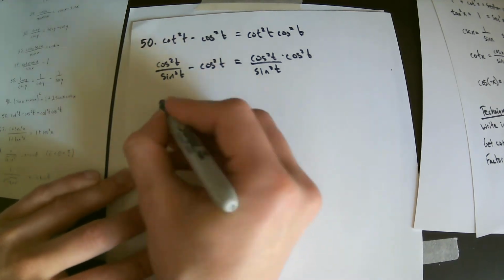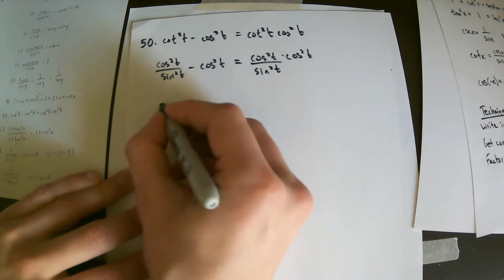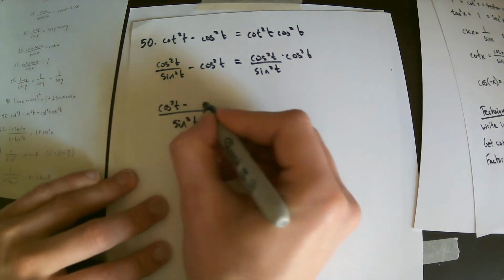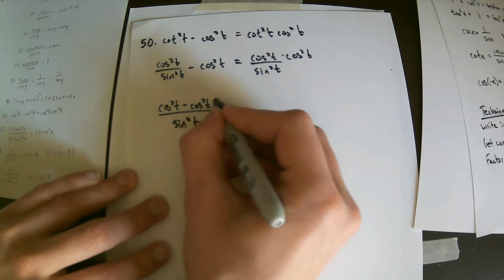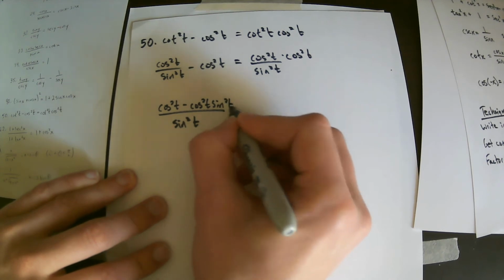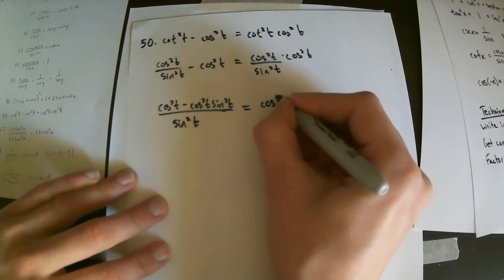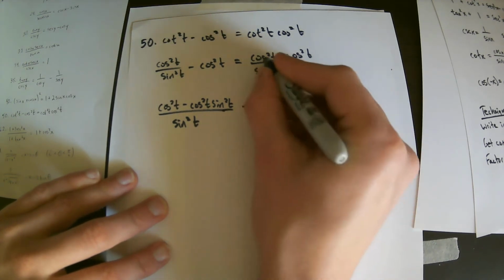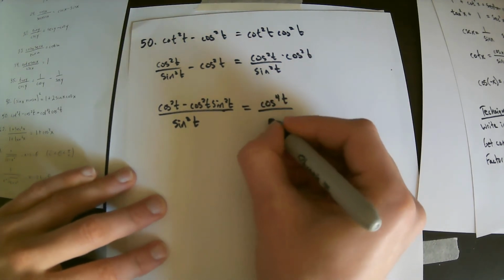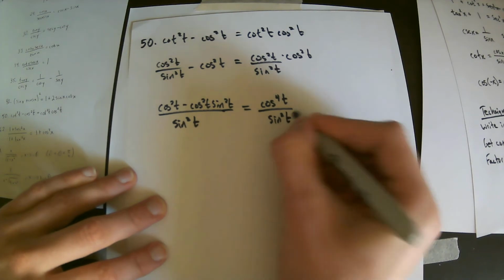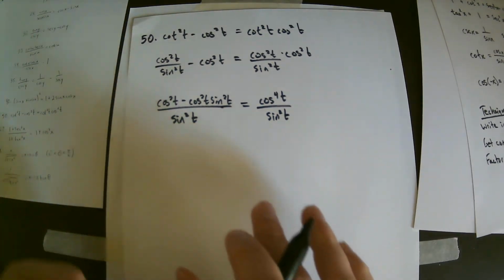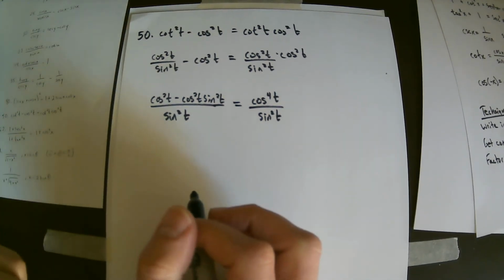Sine squared t is the common denominator, so I'm going to have cosine squared t minus cosine squared t times sine squared t. And this is equal to cosine to the fourth, since cosine squared times cosine squared is cosine to the fourth, and then sine squared t. And over here, what am I going to do?